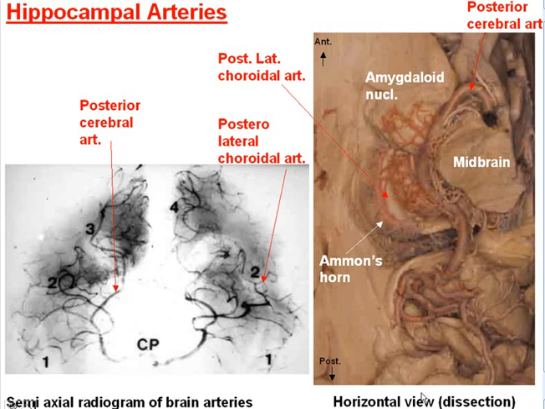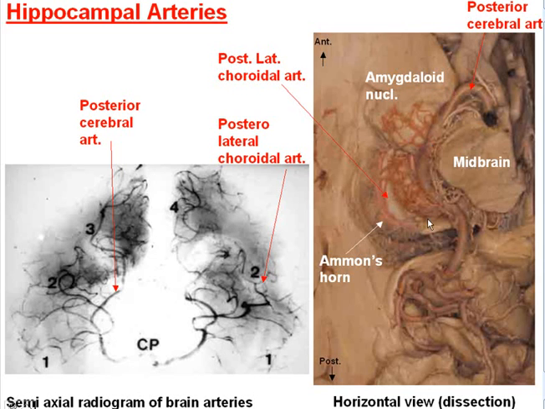The hippocampus is mainly vascularized by the posterior cerebral artery and anterior choroidal artery. This anatomical specimen shows the posterior cerebral artery, from the basilar tip origin, circling around the midbrain, and then you can see here the amygdala, the nuclei, and then the hippocampus.